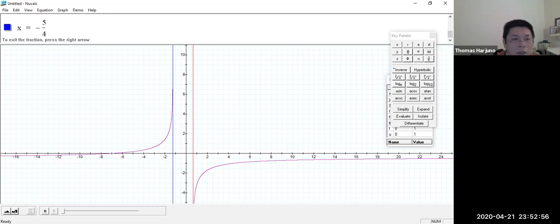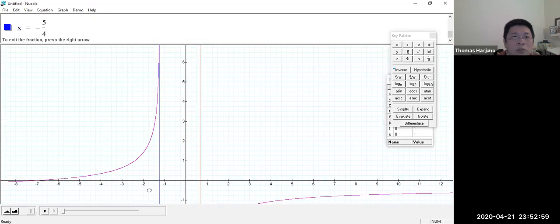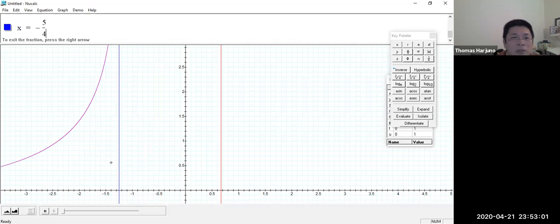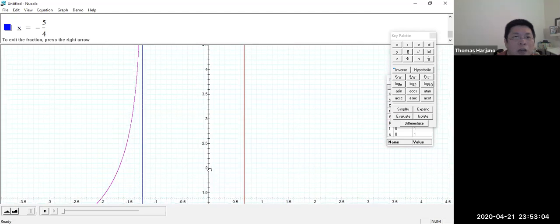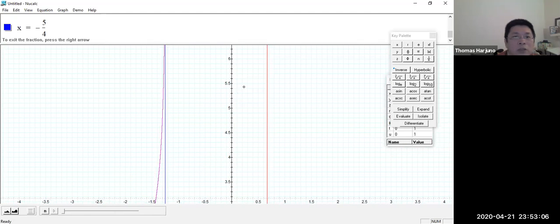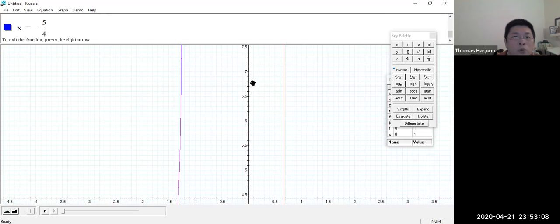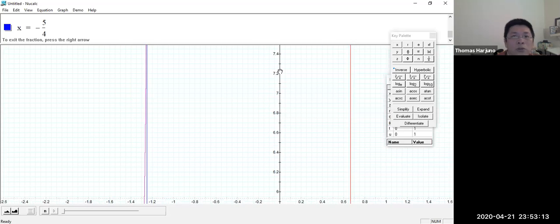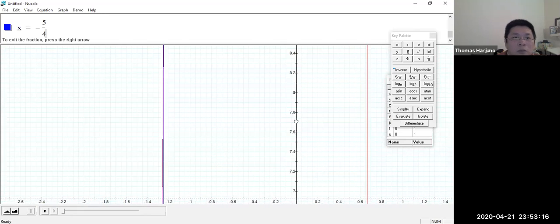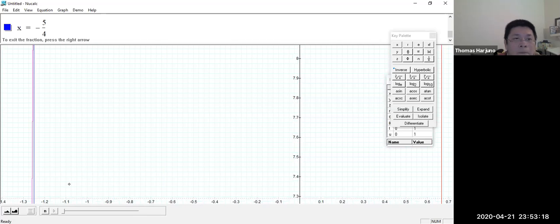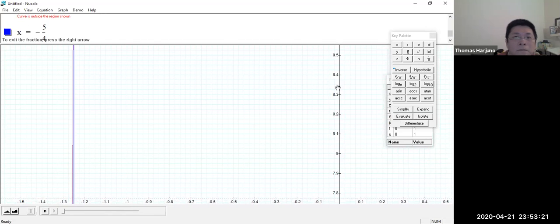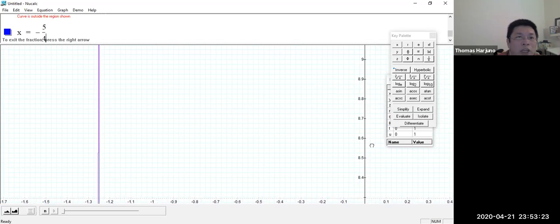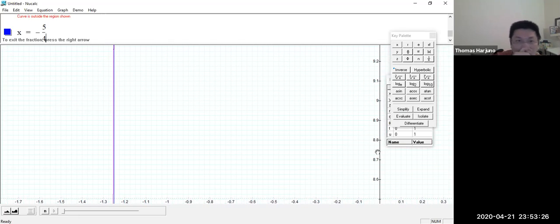I can zoom this in, and it seems like it touched the other vertical asymptote, but it's not. It converges very, very close, really fast, but it's not touching it. Not supposed to touch that, right? I hope you see that there are two lines there, quote unquote, instead of identical lines.